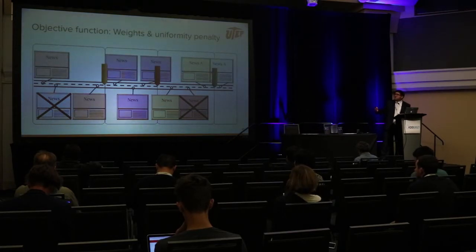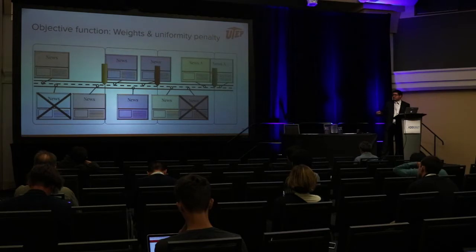So that's basically what the weights do, and this is automatically done through the optimization. And also, we added a uniformity penalty for the weights because if we didn't, basically all the weights were set to 0 because that was the optimal value for the objective value.